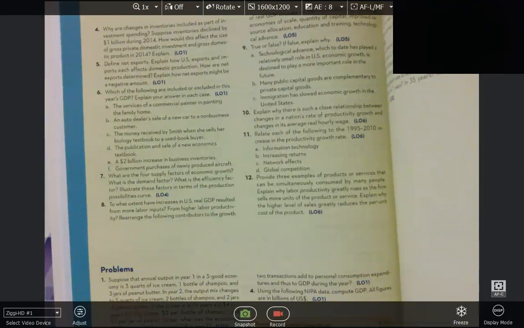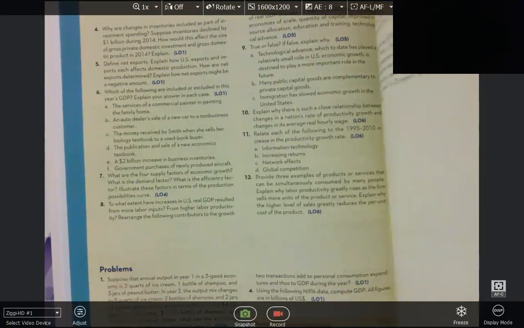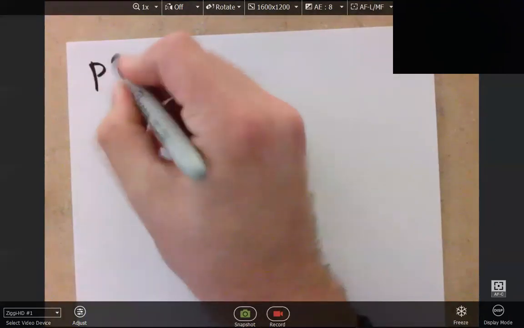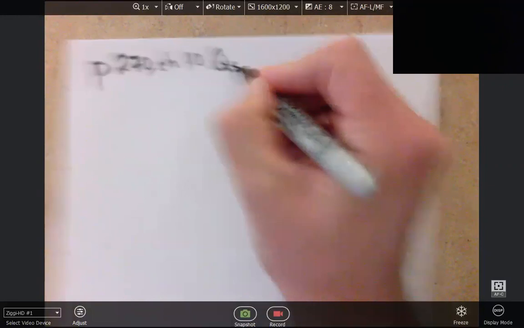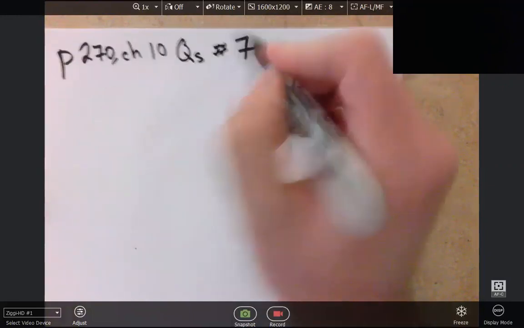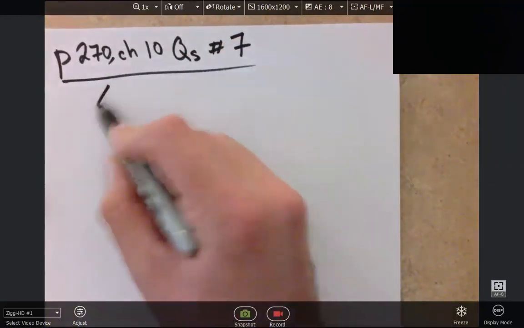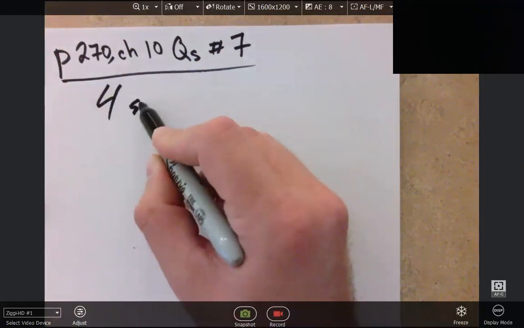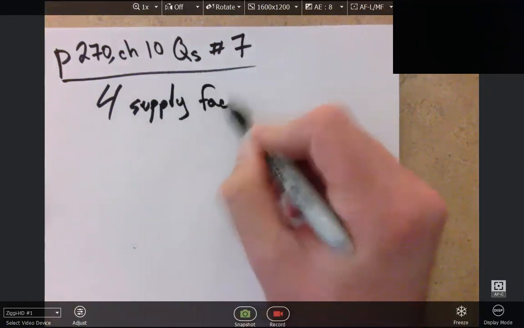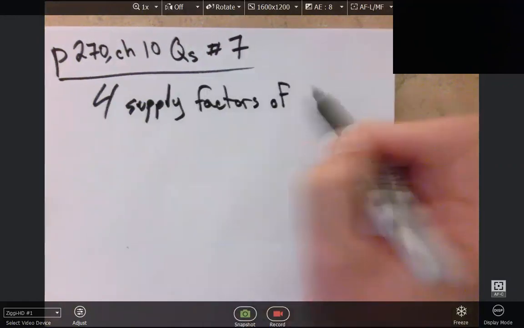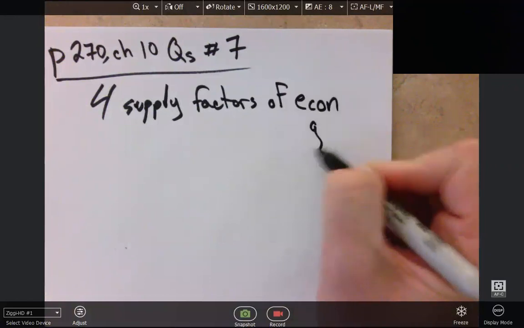This is probably a good one just to review. Number 7, the 4 supply factors of economic growth, right? So what are these? This is page 270, chapter 10, question number 7, and we are asked the 4 supply factors of economic growth.